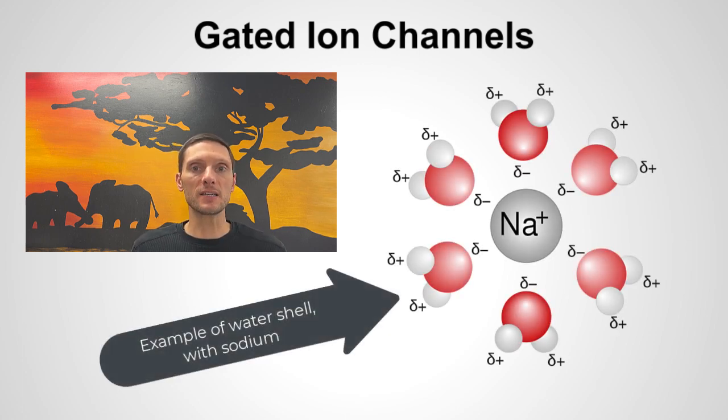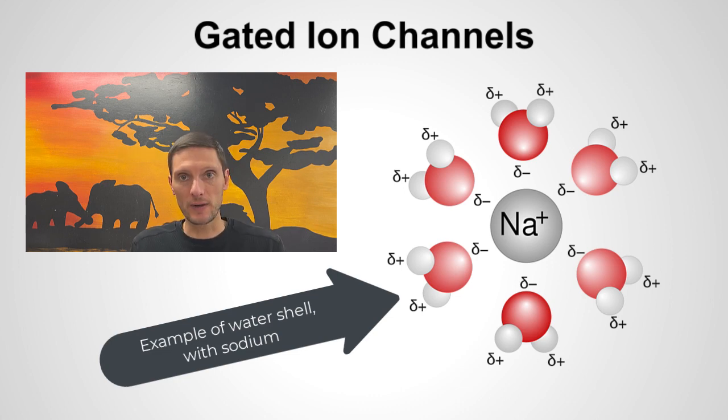Potassium dissolves in water, and the water molecules form a shell around the potassium. This increases the size of the individual potassium ion because it has water attached to it, so it's not able to move through an ion channel that's designed for sodium.